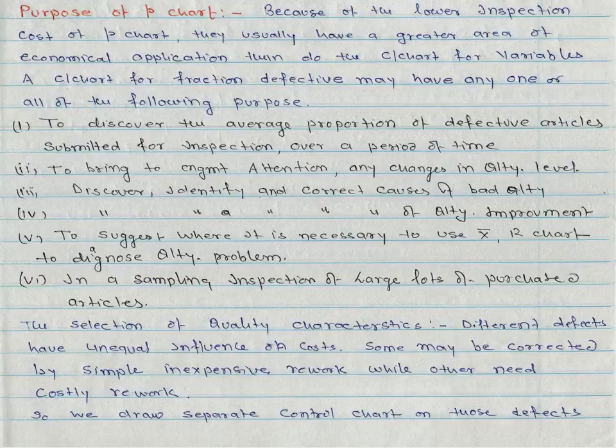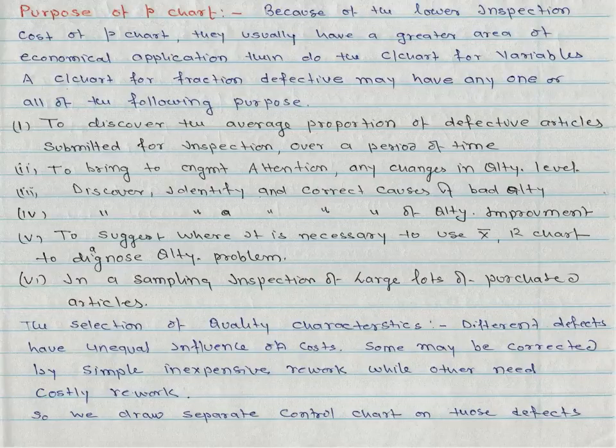Second, to bring to management attention any change in quality level. That means if the number of defectives is larger, the firm is not producing the product as needed by the vendors. Then the management should ask the vendors to modify the quality level.